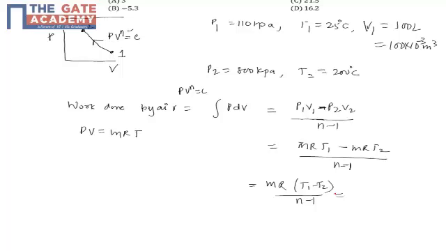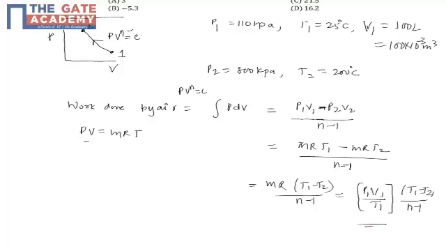Now mR is something which I don't know, so I can use this equation at either the start point or the end point. So mR can be written as P1 V1 by T1, because I know all three values P1, V1, T1 at the start. T1 and T2 are all known, so what is left is n minus 1. So n is your polytropic exponent, which I don't know.